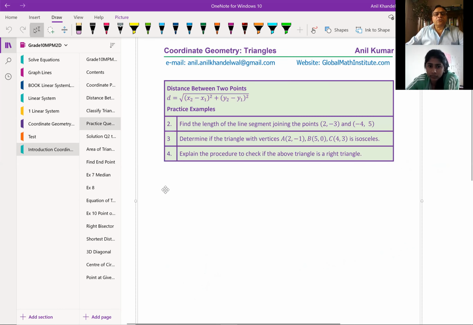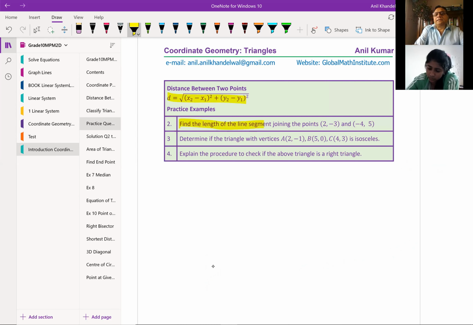Here is the next question, which is kind of the same, just a practice question for you, which says, again, based on this distance formula, find the length of the line segment. So just apply the formula and get it. Determine if the triangle with these vertices is isosceles. Exactly the same question. Explain the procedure to check if the above triangle is a right triangle.